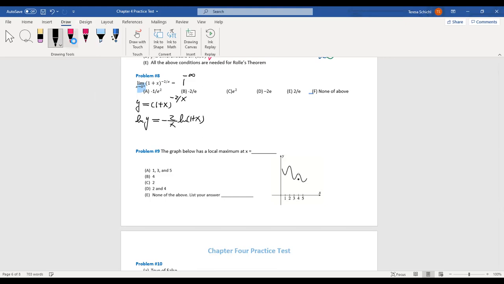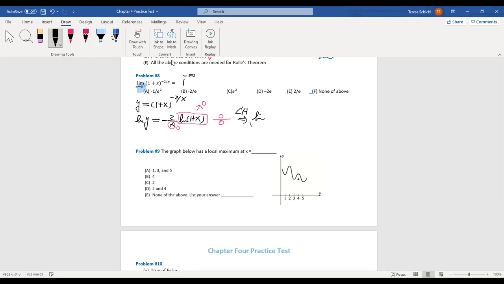Okay, now let's take a look one more time. When x approaches 0, what is this going to approach? This one approaches 0, this one approaches 0, so my whole thing approaches 0 over 0. And we said, oh, that's pretty good. 0 over 0, I know I can use L'Hopital's rule.